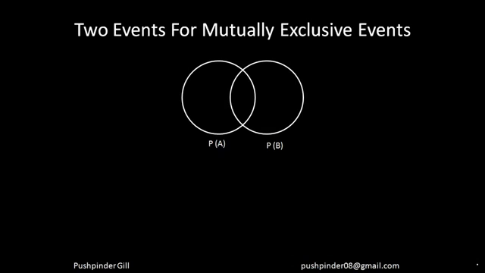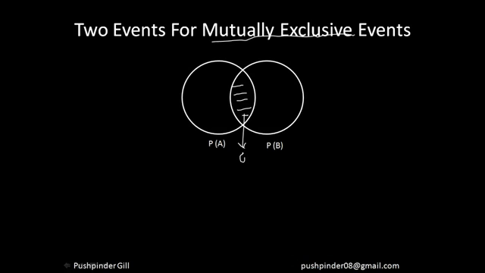Now, what if the events are mutually exclusive? So what do you mean by mutually exclusive events? As discussed in these videos, mutually exclusive events are those events which cannot happen together. So for those events, this thing is nothing but 0, right?